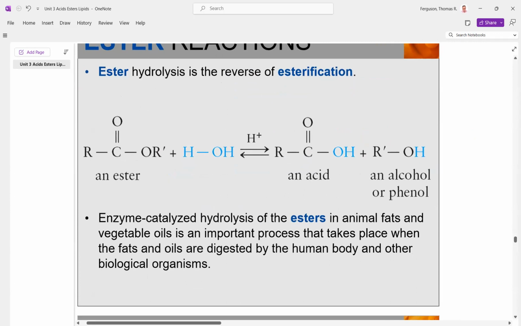Okay, so esterification is when you make an ester. Ester hydrolysis is when you pull it apart. And that can be under acidic or basic conditions.